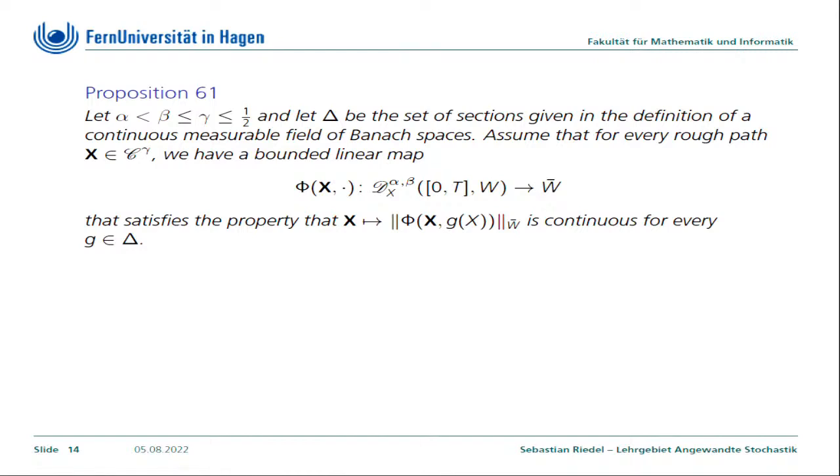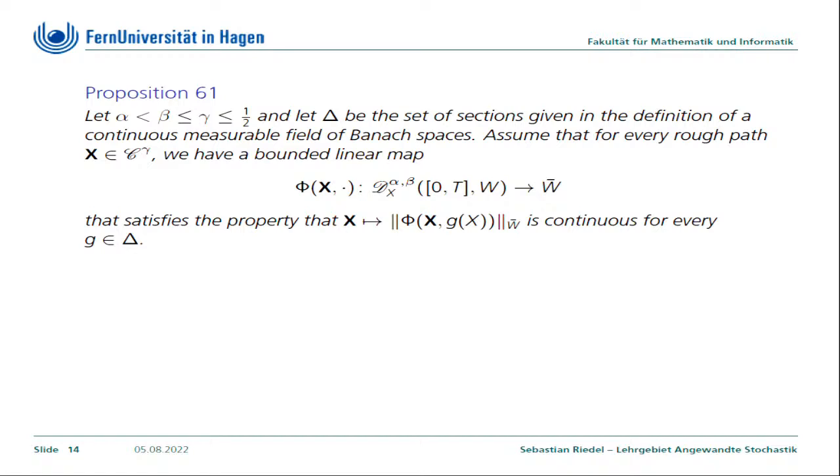So let's look at our continuous field of Banach spaces, and let's look at our delta, and assume that for every rough path, we have a bounded linear map mapping from here to some space that can also depend on X. But in the operator norm, it's also important. Okay, let's see, maybe I have to reformulate that. I can reformulate it more generally.